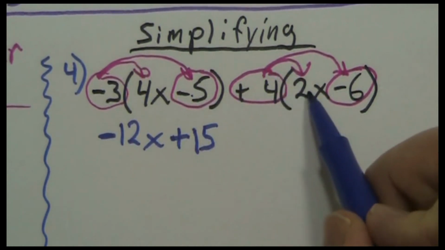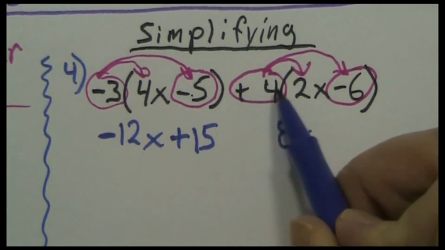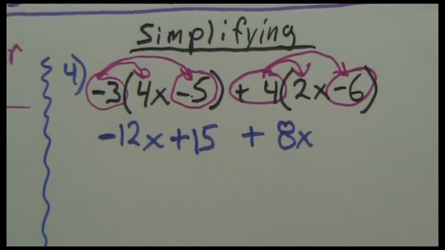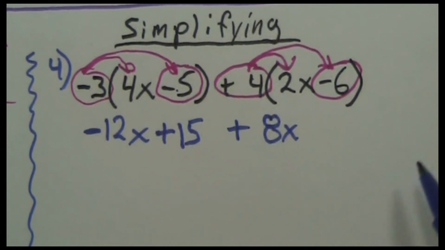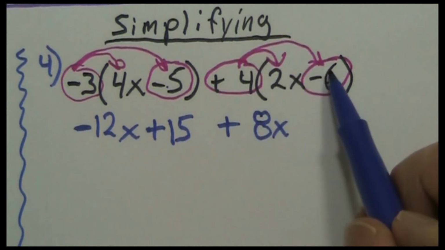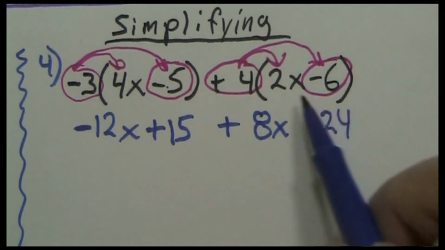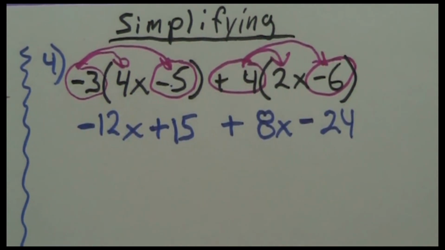Then I have 4 times 2x, that's 8x. Now they're both positive, so it's a positive. Put a plus in front of it. Don't just leave a number hanging, all right? Put something in front of it. And then we have 4 times 6 is 24. And there's one negative. So it's negative or minus. Think of it that way.